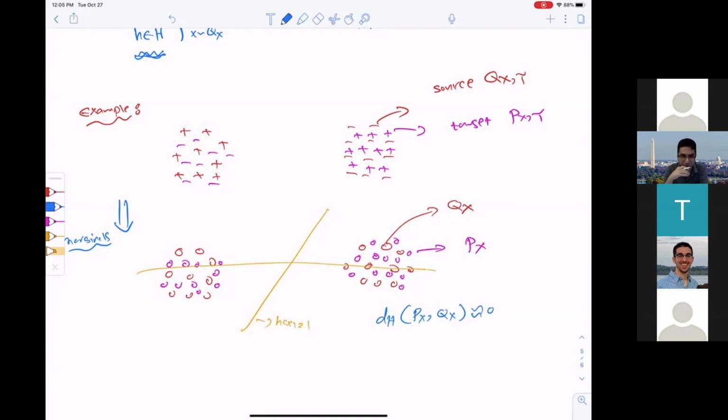Then what is going on here? Intuitively, it's going to be hard to learn one function mapping from x's to y's for both source and target. So maybe this distance is not good, or what else?